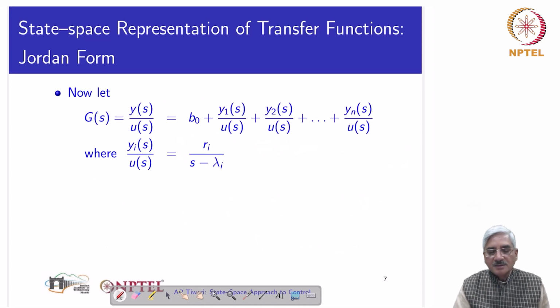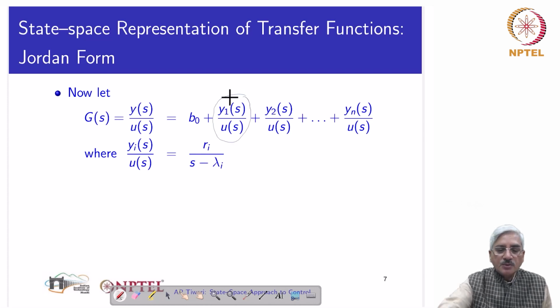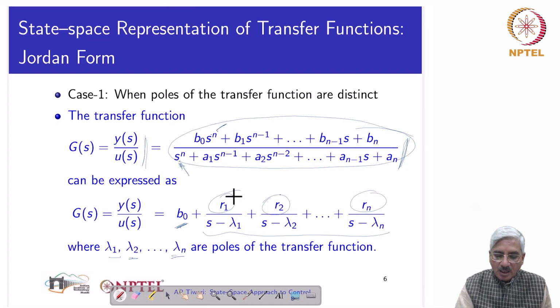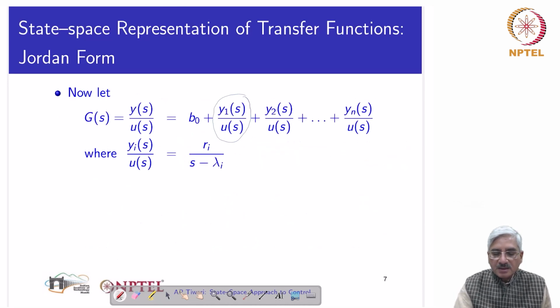Having done that, we can assume that each term like this, r1 by s minus lambda 1, is itself a transfer function whose output is y1 and input is u. The other one has output y2 and the input is u, and so on.